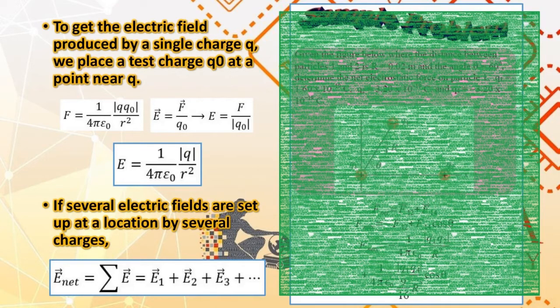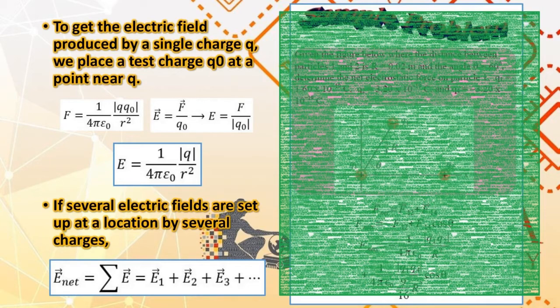E is equal to 1 over 4 pi epsilon naught, absolute value of Q over r squared, is the magnitude of the electric field produced by Q. You will recall earlier, the direction of the electric field will depend upon the polarity of the charge that produced it. E, by convention, is directed towards negative charge and directed away from positive charge.